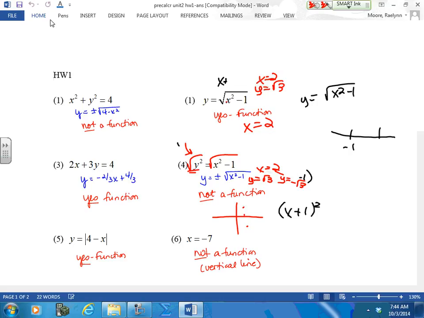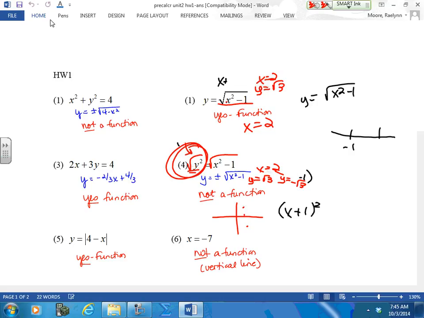The problem is not this part of it. The problem is this part of it right here, the y squared. You have to solve for y. You can't put any equation in unless it's y equals. The definition of function says every x gets one and only one y. If I put an x value in here, this is going to get 2 of them.